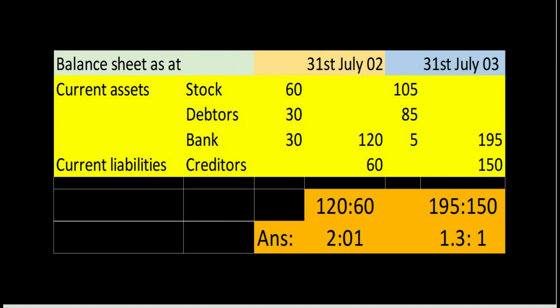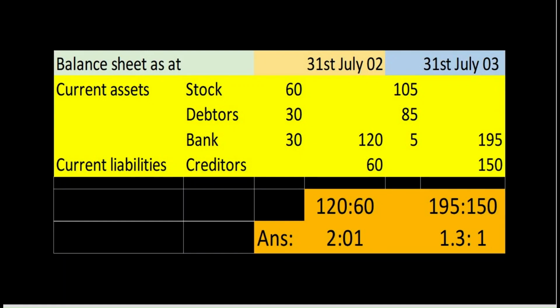Okay, in order to answer the question, we have to take only the current assets and current liabilities separately. Current assets: stock 105, debtors 85, bank 30, 125, 195. Current liabilities 60, 150. In the first period, compare the current assets with current liabilities.